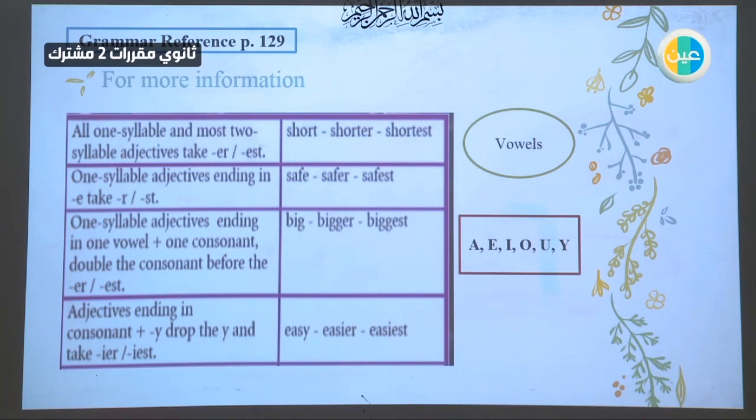What do I do with the Y? I change it into I and then I add the ER or EST. I know I'm going fast for you, but it's okay. You can go to that reference, page 129, and go through these spelling rules and be careful how you add the ER or EST to these adjectives, okay?